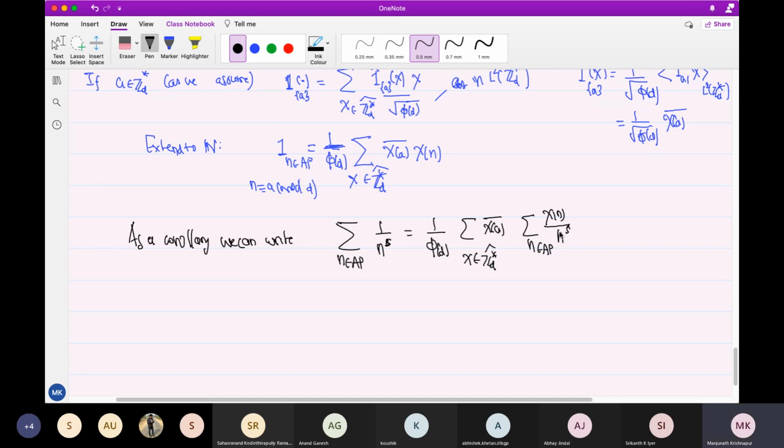But for n not in the arithmetic progression, this is 0, right? So this is actually 1 over phi of D, chi of A bar, times the Dirichlet L function evaluated at s.